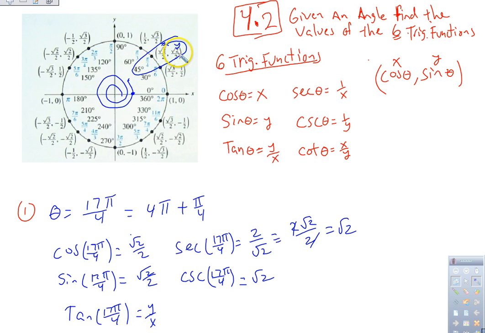In this case, we have the same value for y and x, so when we do y over x, we're just going to get 1, and the cotangent should also be 1. And those are the values of the 6 trig functions. And that is it.